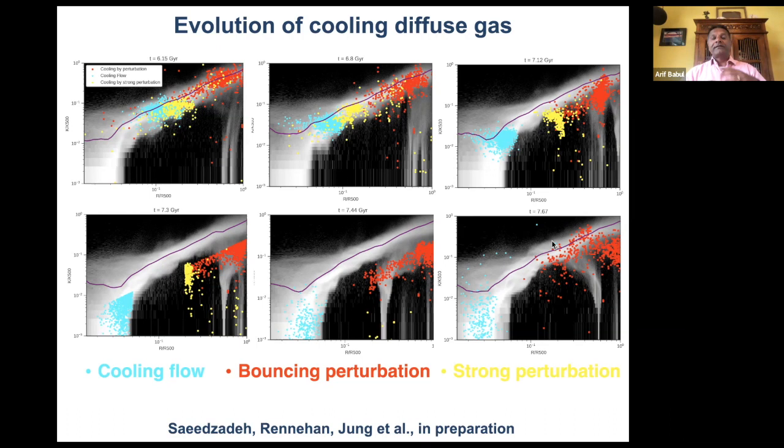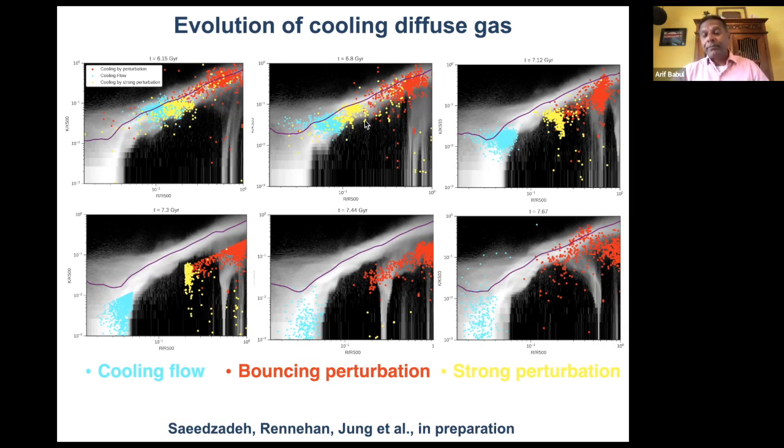These are the red ones. They are not unstable. They just get squeezed and then return back to normal. The yellow are the thermally unstable modes that actually get squeezed. Their cooling starts to increase, there's a runaway process happening, and then they start dropping out.